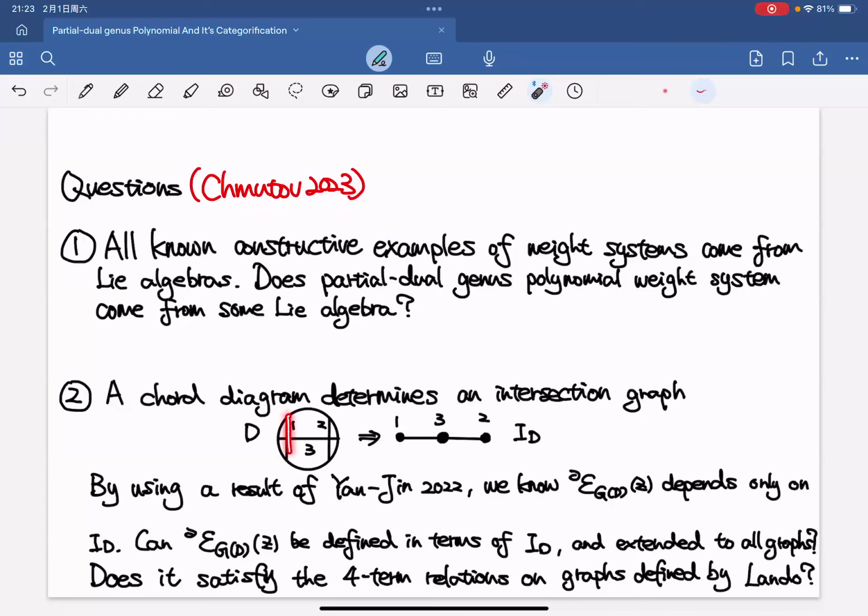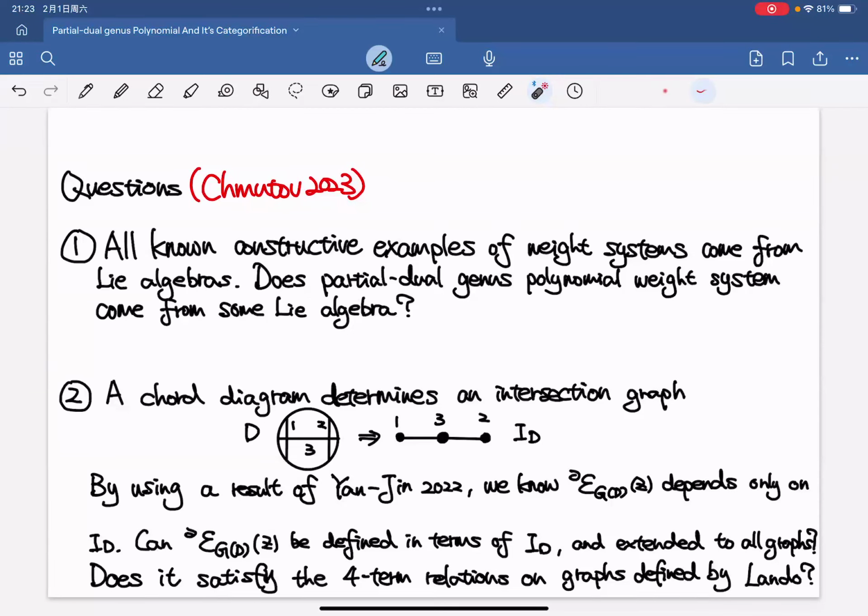You see that 1 and 3 have an intersection here, so we add an edge between them. Similarly, we add an edge between 3 and 2. But since 1 and 2 have no intersection point, there is no edge connecting them.